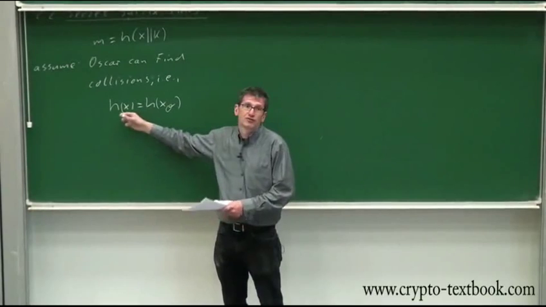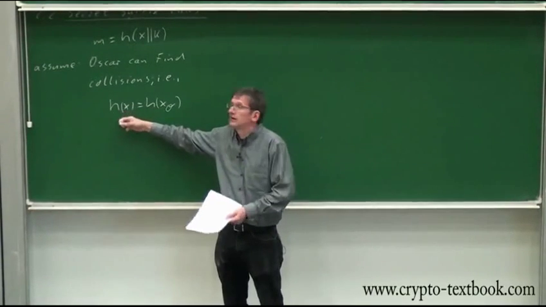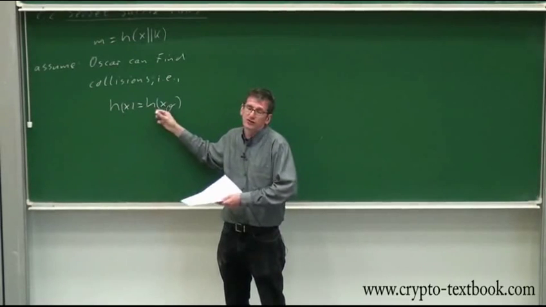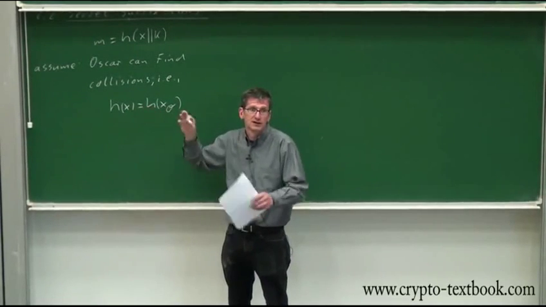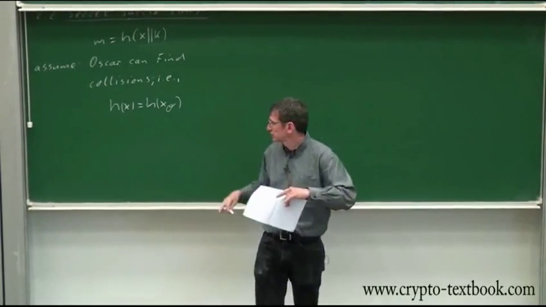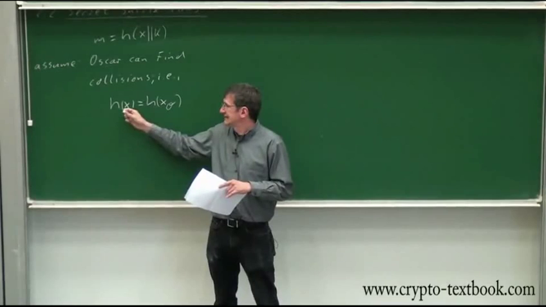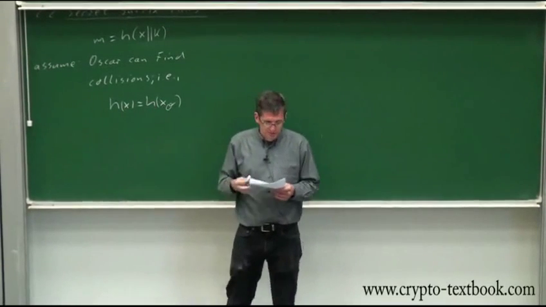And again, x could, for instance, be please transfer $10 into Oscar's account, and x' could be please transfer $10,000 or euros into Oscar's account. Okay? So two contracts, two financial transactions, something like that, with different meanings, but the same hash output.